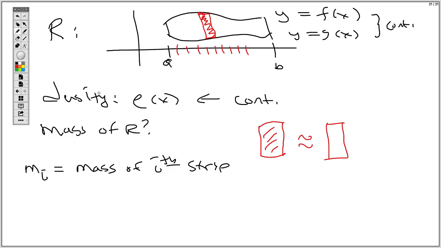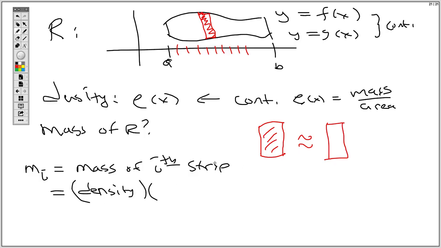Now, for this density to make sense, the units here must be mass per what? It must be mass per area. Okay? So the mass of the ith strip is going to be the density times the area.